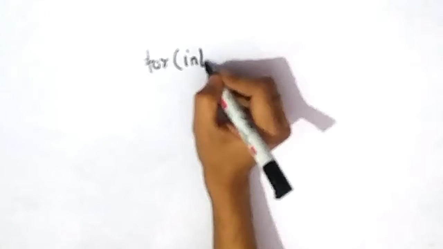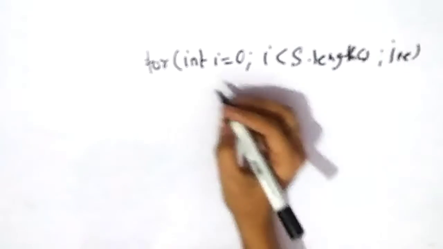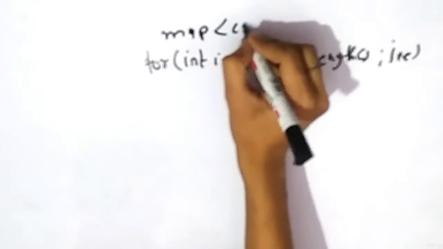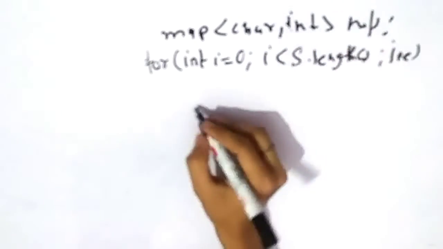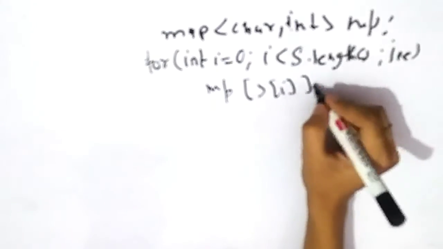In our code, we are simply traversing through the string s: for int i equal to 0, i less than s dot length, i plus plus. We will take a map of char comma int, and simply store the frequency of each and every character.